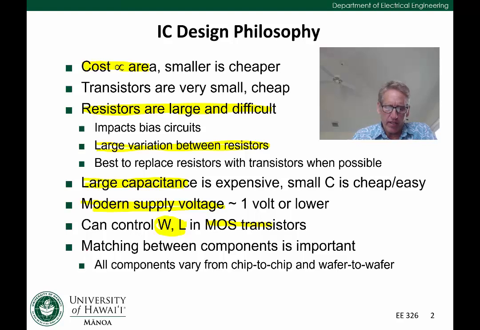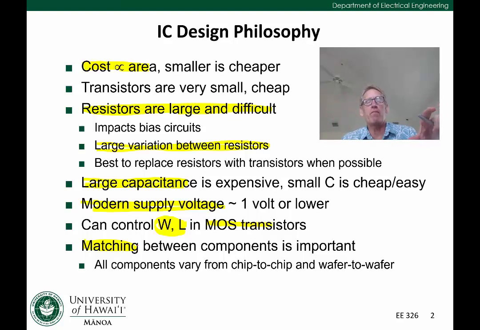And finally, I want to introduce the concept of matching. So what is matching? Matching is when you lay out a device, say a transistor or a capacitor, and if you put down two identical transistors and then you measure their current-voltage characteristics, they're going to be a little different. And we call this how well they match. And with all components, there's variation. This can include on-chip variation, where if you put down two transistors right next to each other, they vary slightly.